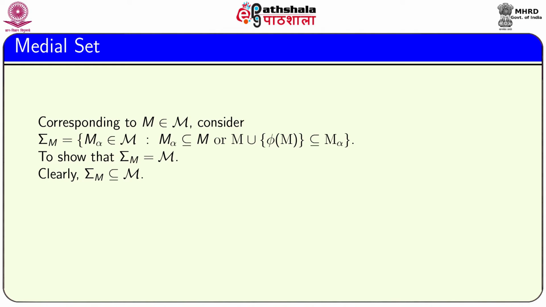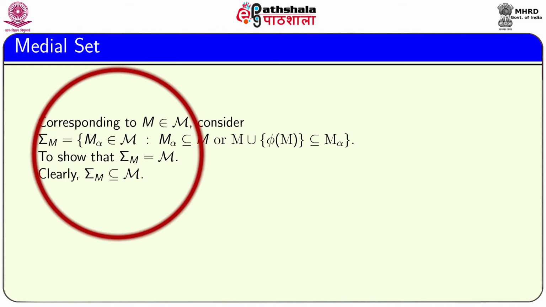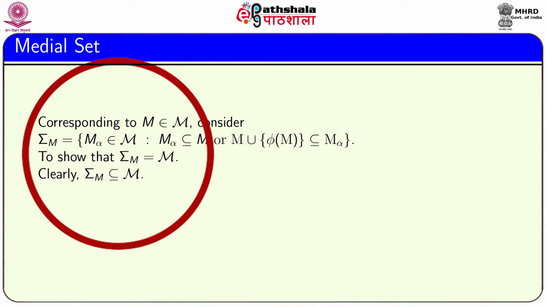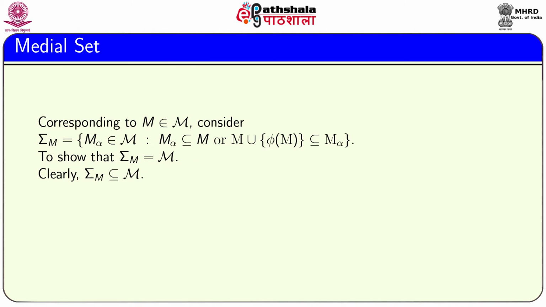So, corresponding to M belonging to the minimal phi tower script M, consider sigma M as the collection of M alpha belonging to script M such that M alpha is a subset of M or M union phi M is a subset of M alpha.